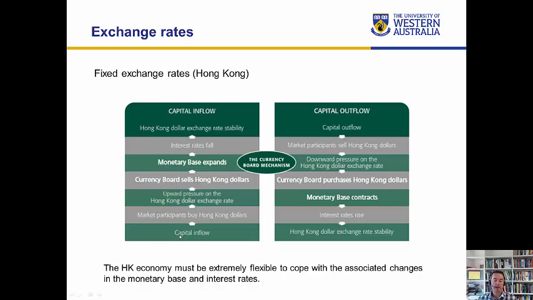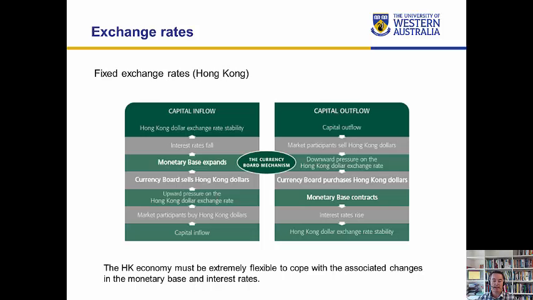So starting from the bottom, when money flows into Hong Kong, the market participants who want to send that money into Hong Kong need to buy Hong Kong dollars. That then puts upward pressure on the value of the Hong Kong dollar. So in terms of demand and supply analysis, the demand curve for the Hong Kong dollar shifts to the right.